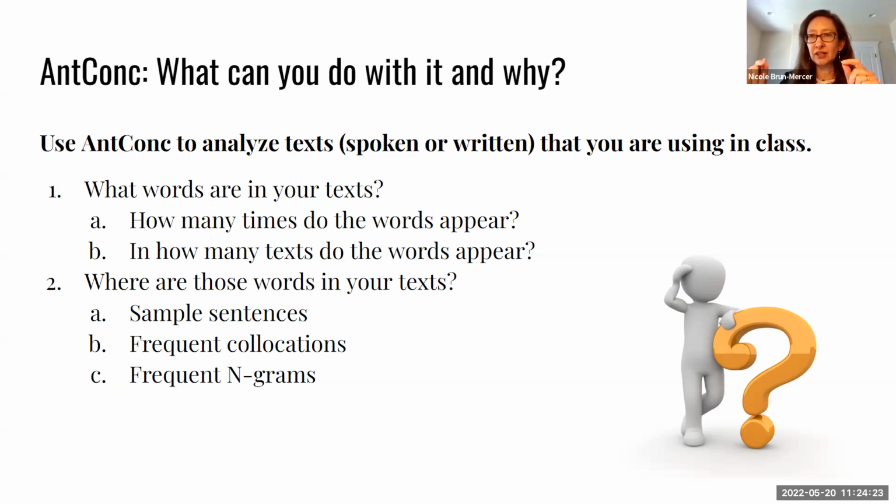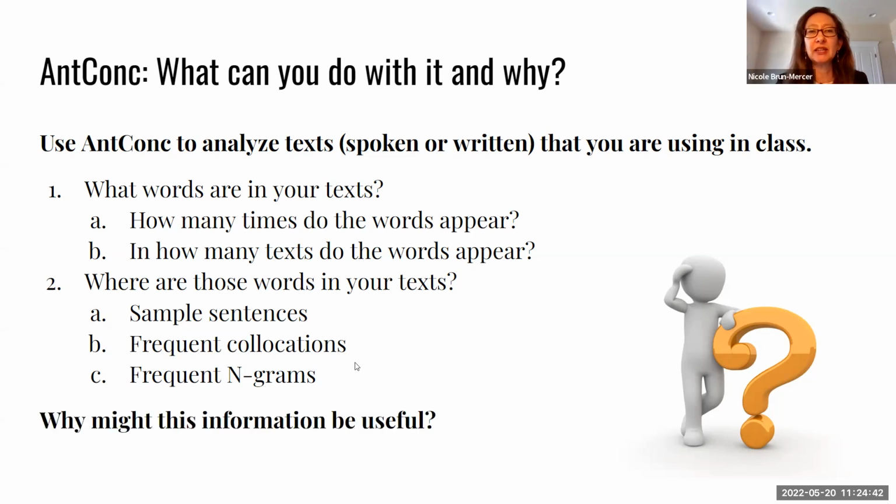A collocation is going to be your key term, and then this other term that often comes with it, but it could be before the key term, it could be after the key term. It doesn't have a fixed placement. And I'll give you some examples in just a moment. So those are some of the things that you can do with AntConc.